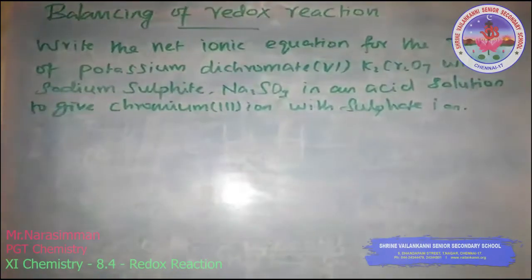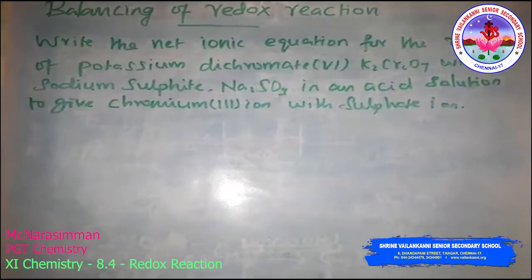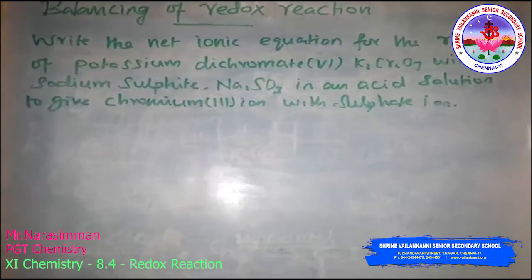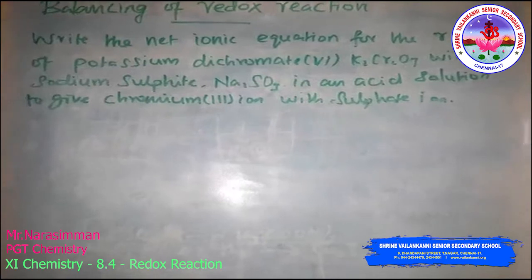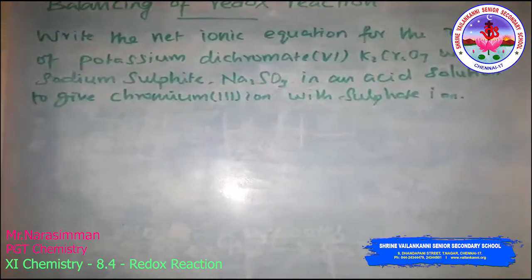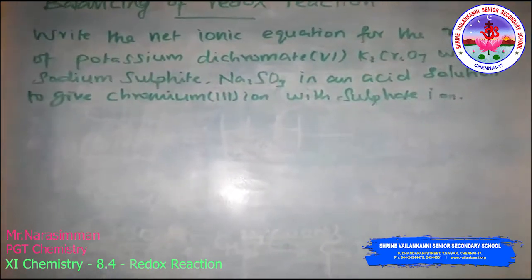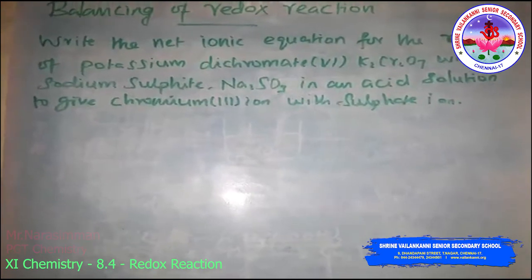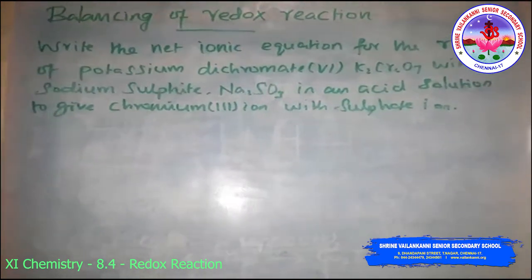Balancing of redox reactions. There are two methods we use to balance the chemical equation for a redox process: one is the oxidation number method, and the other is the half reaction method.